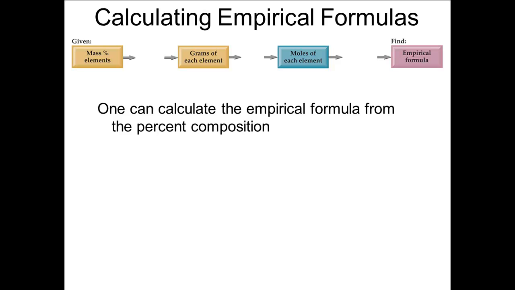When we only know the percent composition of a substance, often all the information we can get, we can only determine the empirical formula. Both of these are ratios.